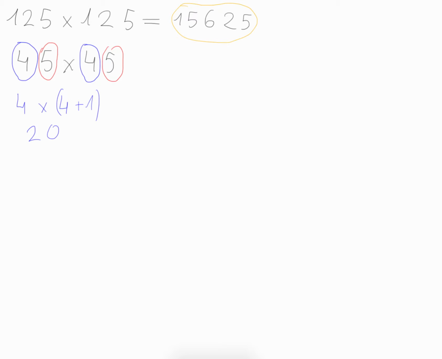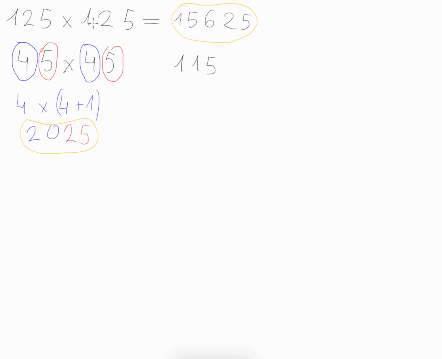And the second part, what you do with 5s, it's pretty simple. You just multiply it by itself. It will always equal 25. So you just write 25 here. And that's the result. So 45 times 45 equals 2025.